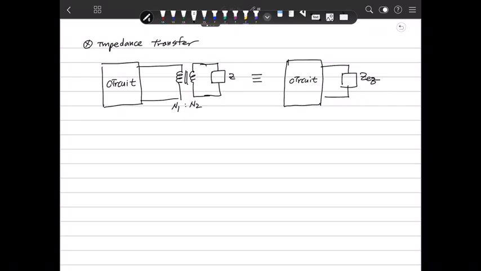You can say N is the turn ratio. If defined like that, then Z equivalent is the same as N squared Z, because this is the impedance transfer with the ideal transformer.